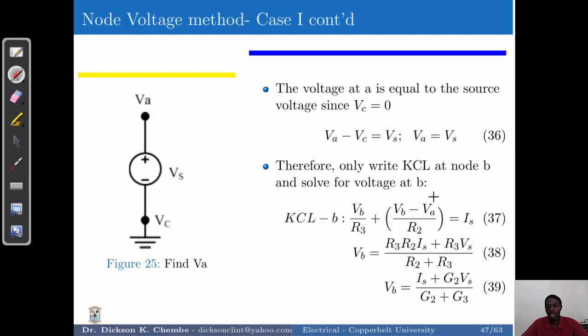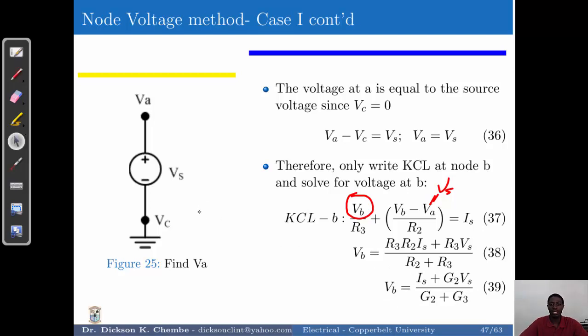We know that VA is equal to VS, so we replace VA by VS, and because VA is known, what is remaining is just VB. We make VB the subject of the formula and determine what VB is. I'm using conductance here, which is 1 over resistance, and you'll be able to determine VB like so.